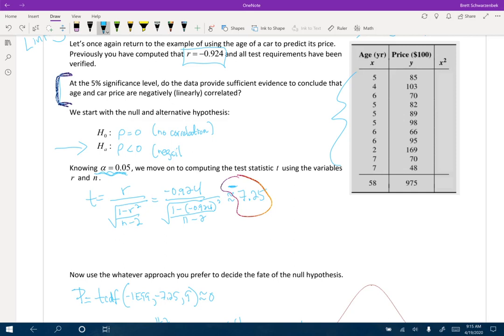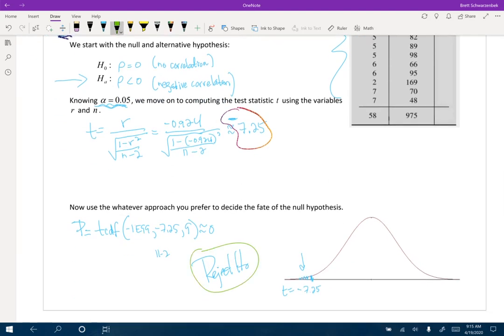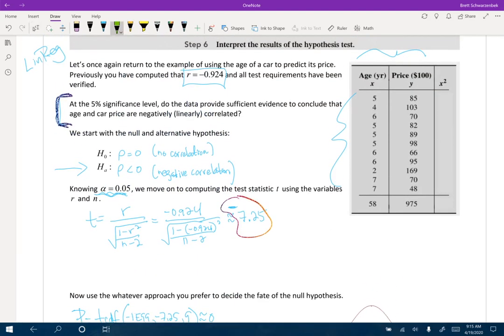Little typo here. All right, so that means that we would reject H naught. So we would reject that there's no relationship, and we would indeed conclude that there is a negative correlation, linear correlation. So that's important, negative linear correlation between age and car price.